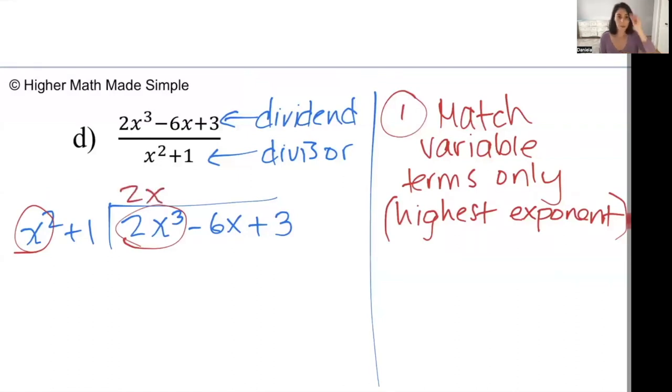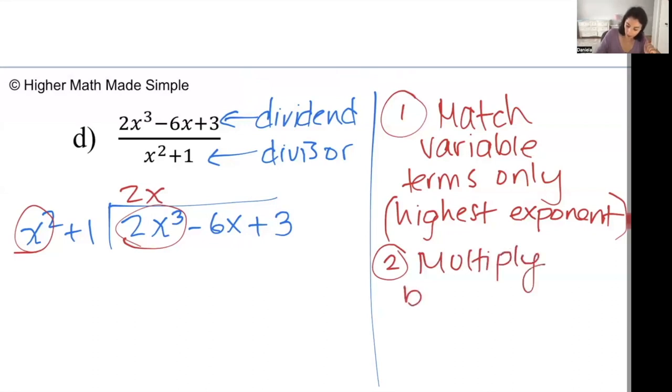2x, right? Now, after we have matched, you're going to multiply. What are you multiplying by? You're multiplying by the entire divisor, okay? And I want to stress the entire divisor. So you should be distributing here, right?